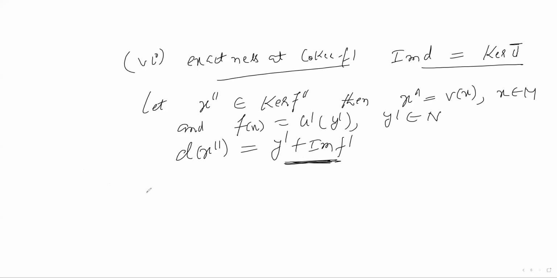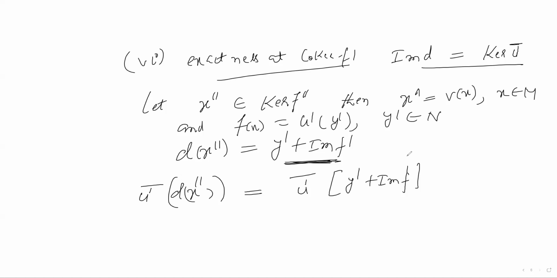Now if I apply u dash bar on this element, u dash bar of this d of x double dash, अगर मैं ये लूंगा, so it would be u dash bar of this y dash plus image of f dash.